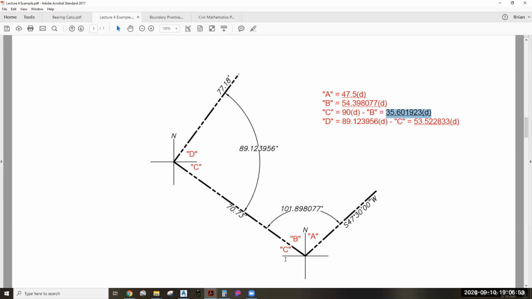Why do I need that? Because I've calculated B, which gives me the angle of that line. Essentially this number right here, 54.39807, will be used for the bearing of that line.